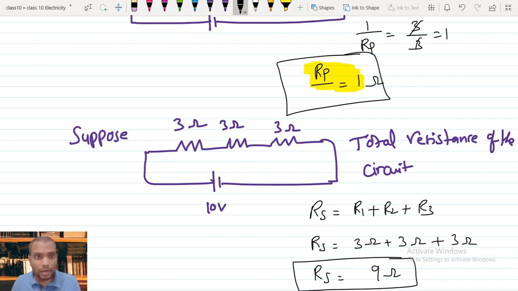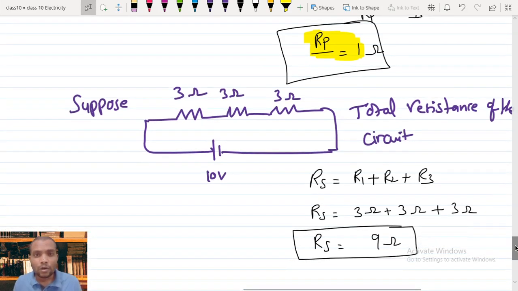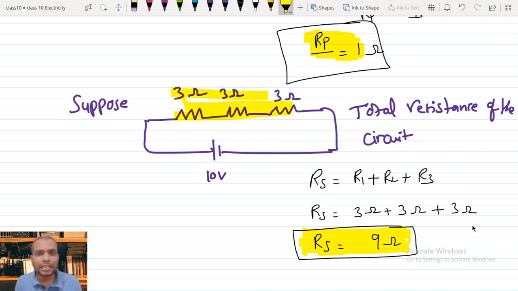Here you can observe the change. In series, the total resistance is above the individual resistance value. The total resistance of the circuit in series connection is more than the individual resistance value. Here the individual resistance is 3 ohm, but the total resistance is 9 ohm.